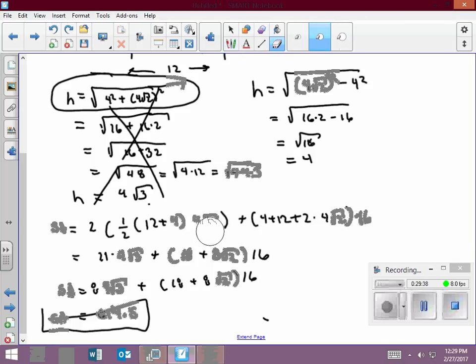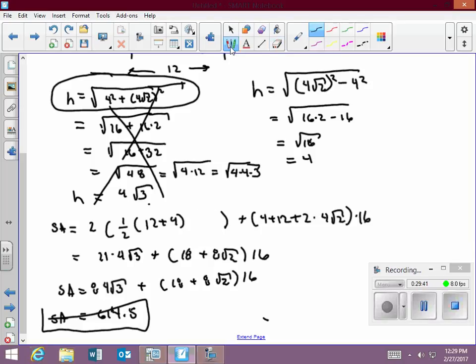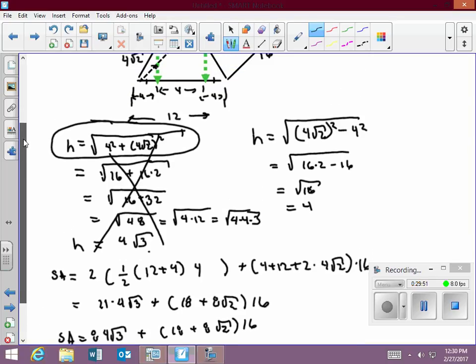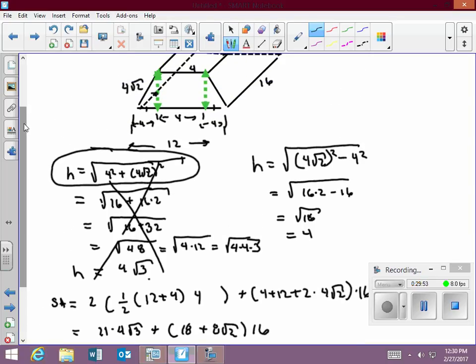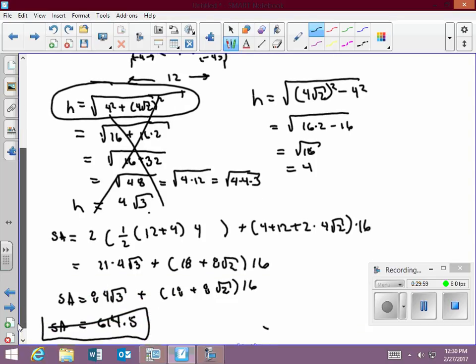So it makes this thing. I think this is right, isn't it? The perimeter is 4 plus 12 plus 2 times 4 square root of 2. That part's right.